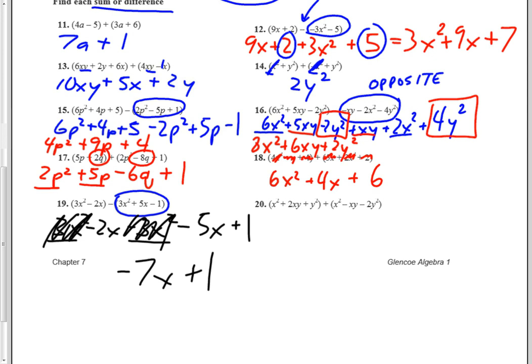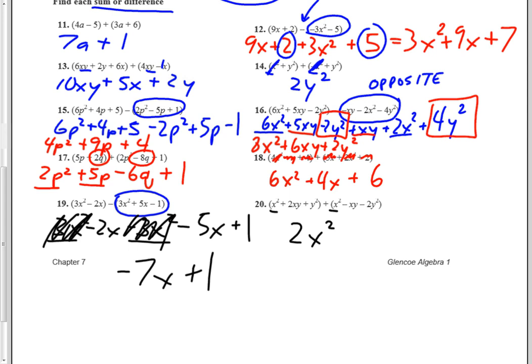Last one, I see x squared and x squared. 2x squared. Have I done anything with the exponent? Resist the urge to take the 2 and the 2 and add them together. That's what we're going to be covering next class. Right now we're just adding up apples and oranges. 1 apple plus 1 apple is not an apple squared.